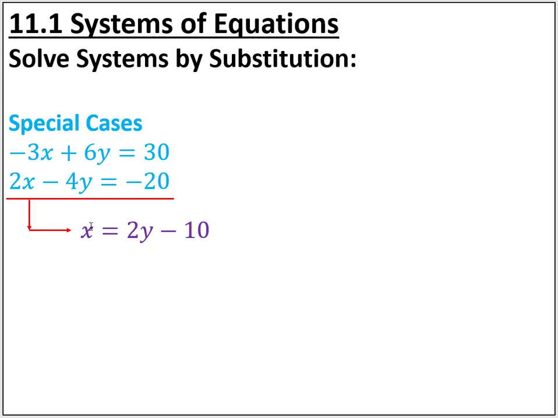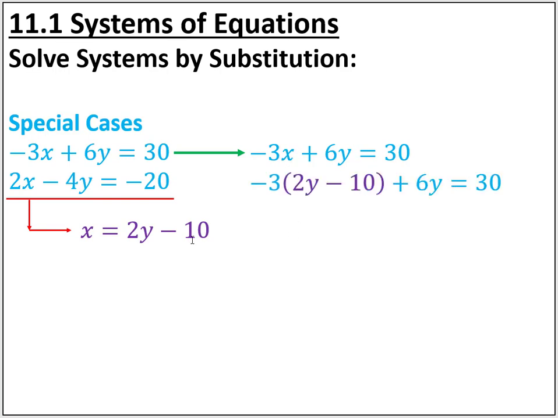Since this is from the second equation, we're going to plug it into the first equation. I moved the first equation to the side. We're going to plug the second equation, where x is by itself, into the first equation in place of x.